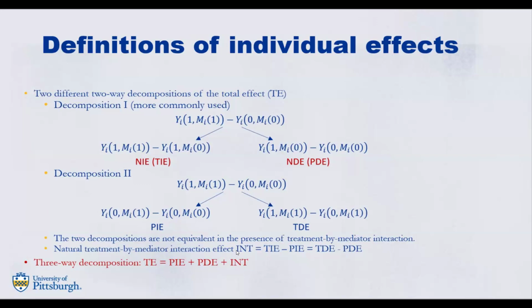And you can also look at the interaction separately. So decomposing the total treatment effect into three components allows us to separate the treatment by mediator interaction from the indirect and direct effects that have nothing to do with the interaction. Any questions so far?